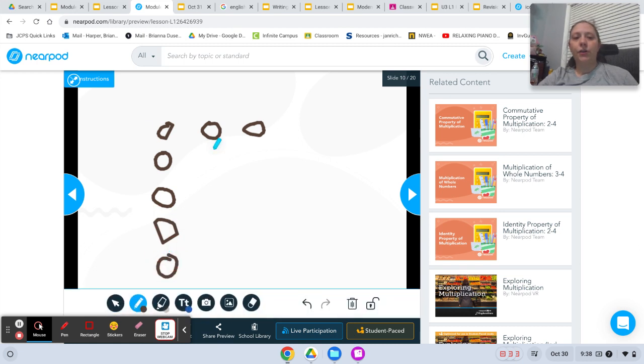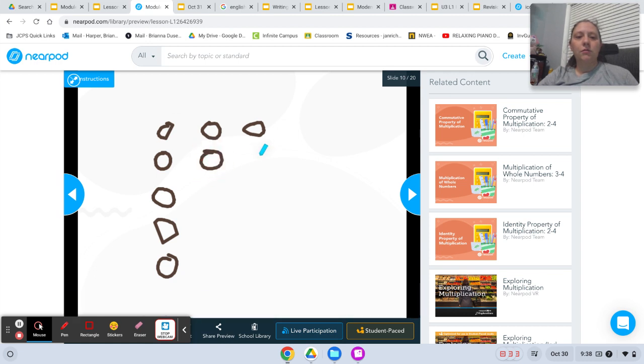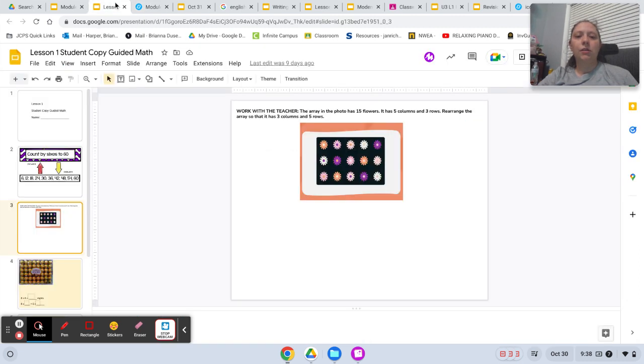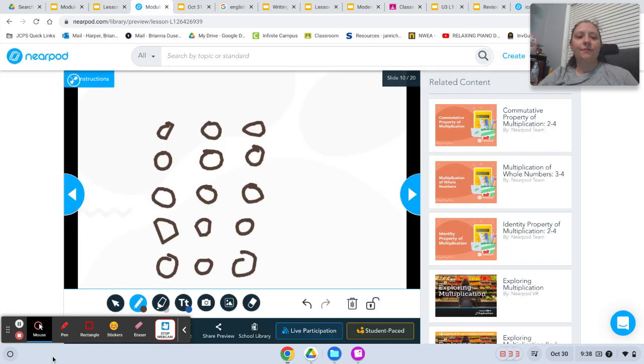Make sure you have that on your paper, but now we have to fill in the rest because we want all the rows to be equal, all the columns to be equal as well. So make sure this is on your paper. Okay, so that should be on this paper right here. Great.